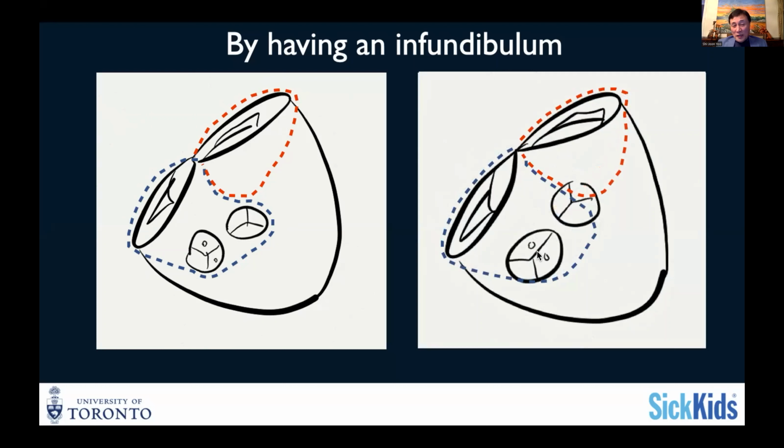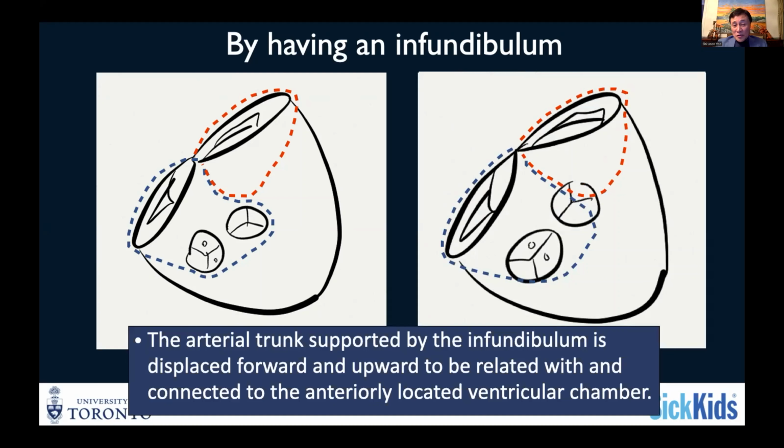And then what you have is a subaortic infundibulum and a subpulmonary infundibulum. So having an infundibulum, the arterial trunk supported by the infundibulum is displaced forward and upward, to be related to the anterior and connected to the anteriorly located ventricular chamber.